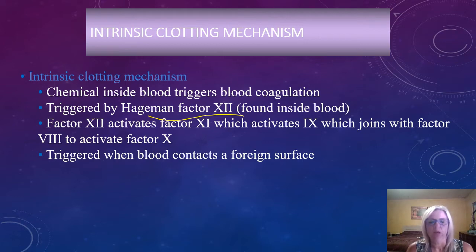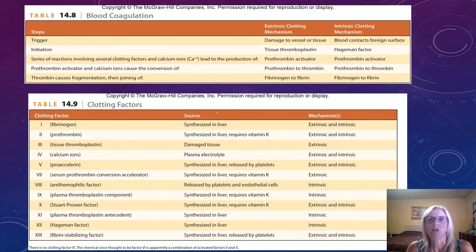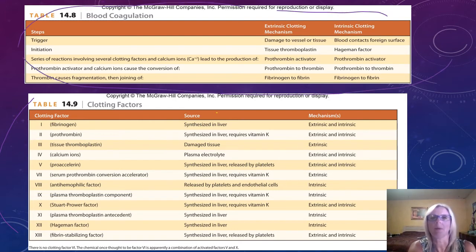All right, and so I want you to just kind of know the main names. You don't need to know the order or all the factors necessarily explicitly from memory, but kind of understand the process. And so this top chart here is the one I would study the most. I would definitely go through this one down here and look at the clotting factors, okay? But what I really would like you to focus on is this one right up here, okay?